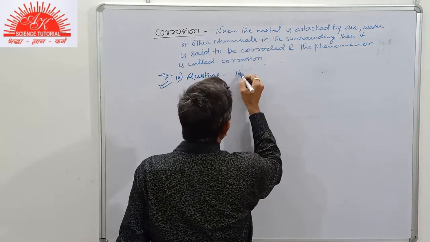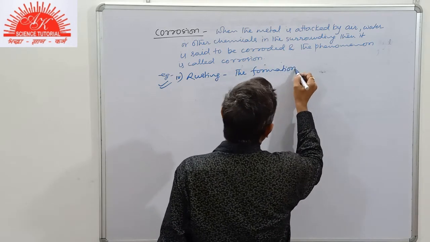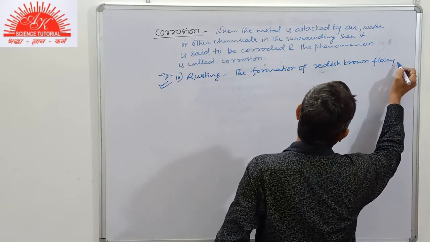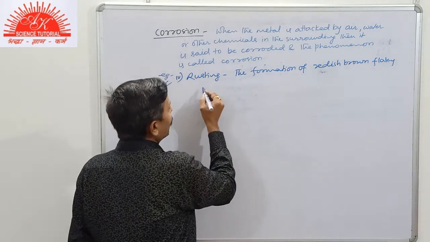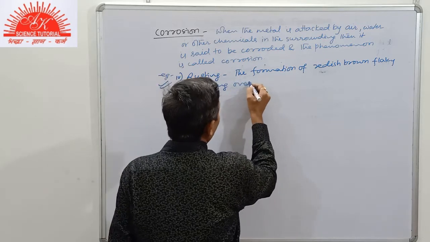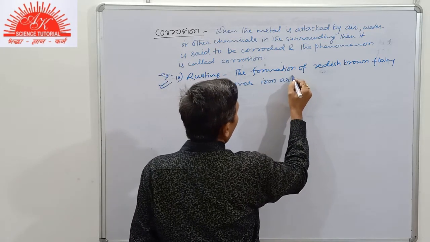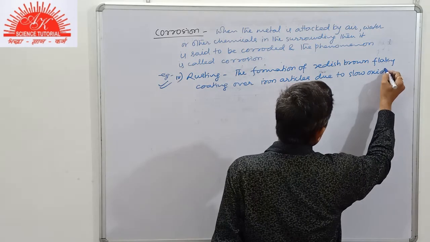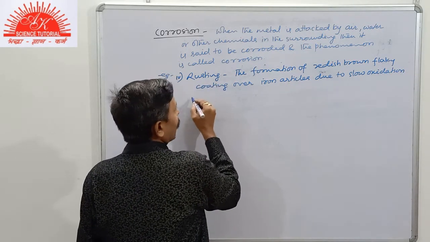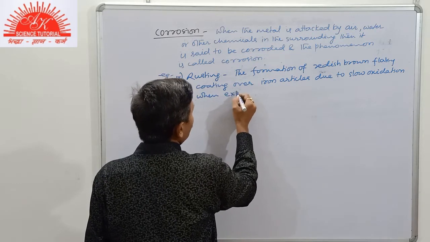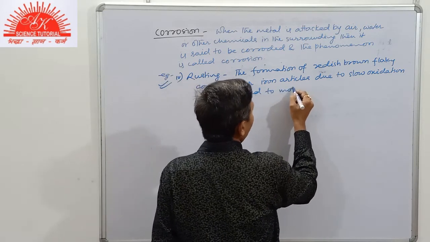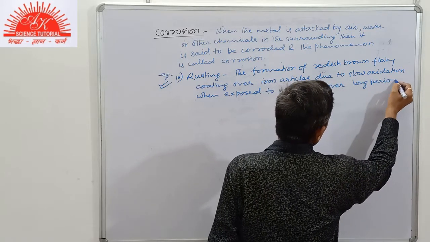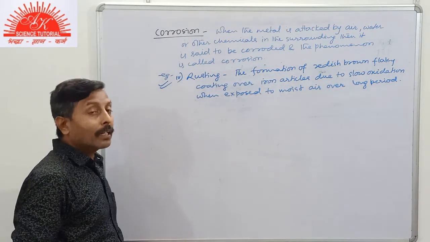That is, the formation of a reddish brown flaky coating over iron articles, layer by layer, due to slow oxidation when exposed to moist air over a long period. This process is known as rusting.